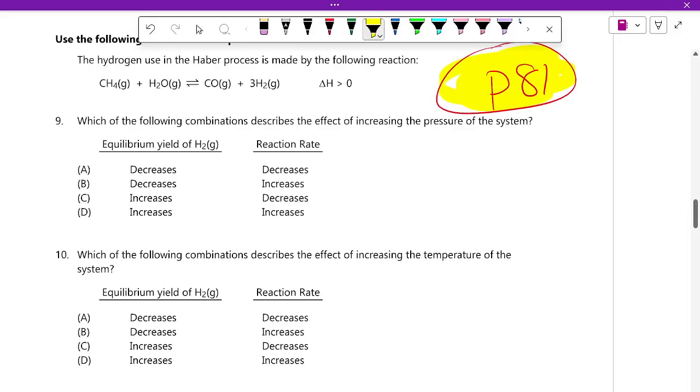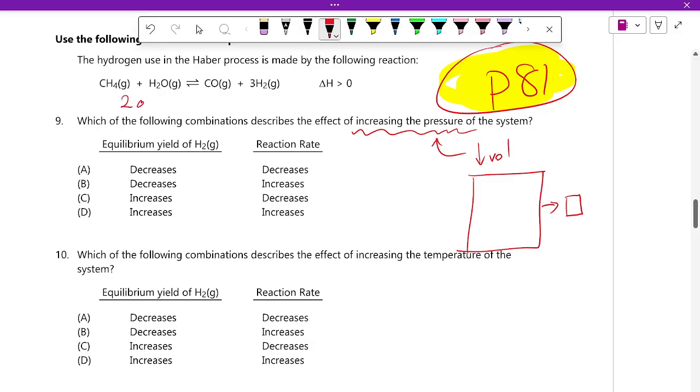Which of the following combinations describes the effect of increasing the pressure of the system? So if we're increasing the pressure, that means we're decreasing the volume. So let's remember that's like this. And over on our left-hand side, we have 2 gas molecules, and on our right-hand side, we have 4 gas molecules.